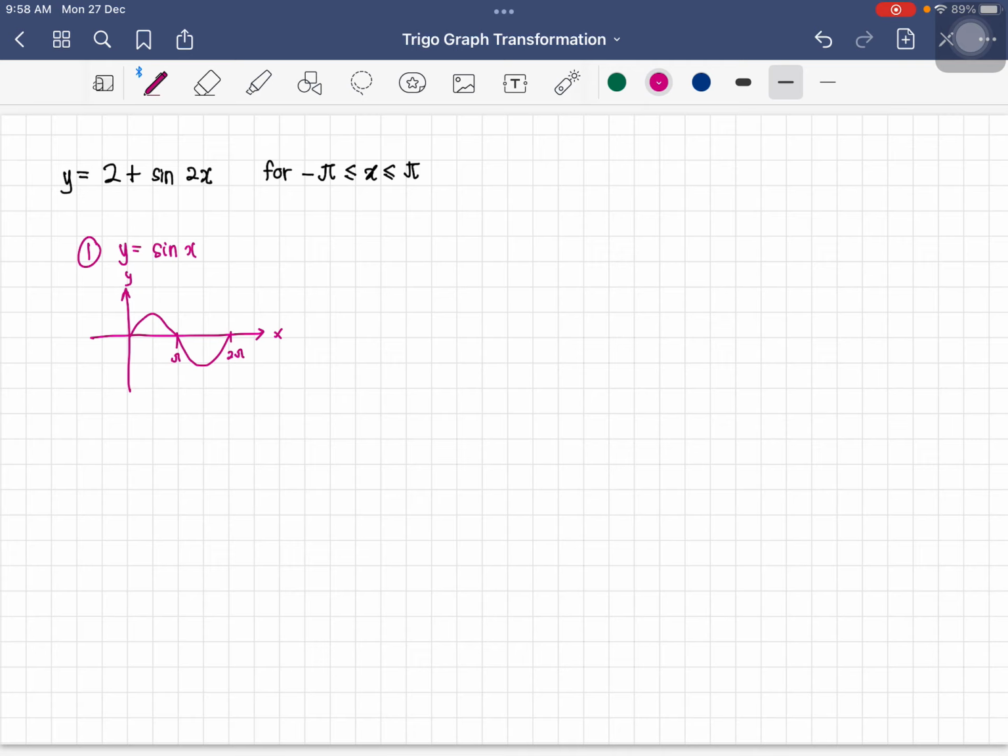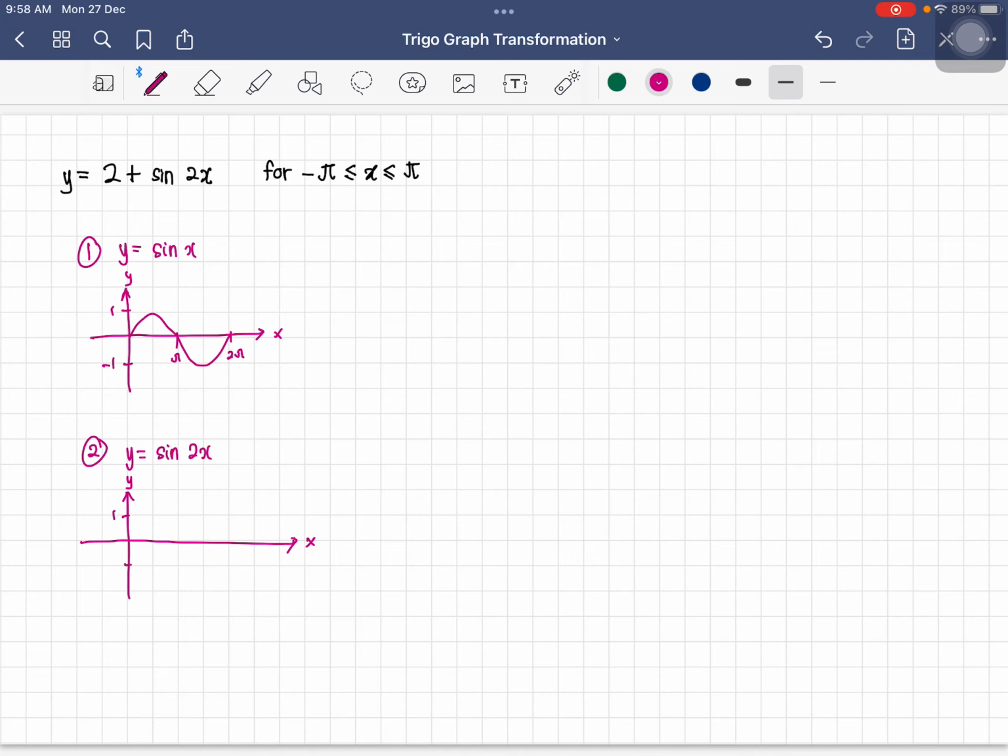Next, you're going to have this sine of 2x. So how do I sketch the graph for sine of 2x? What does it mean by sine of 2x? It has another meaning. This is y, this is x. Of course, this is 1 and -1. Please label it.